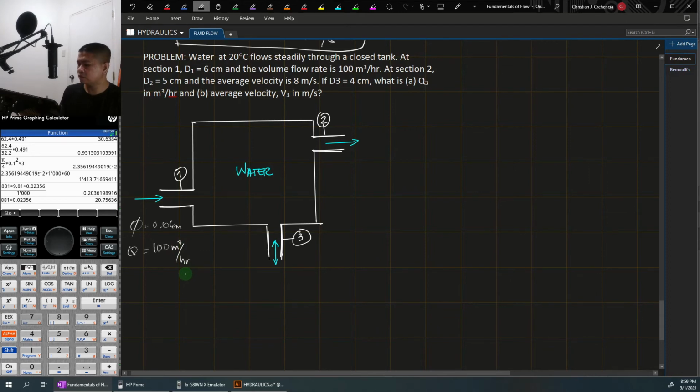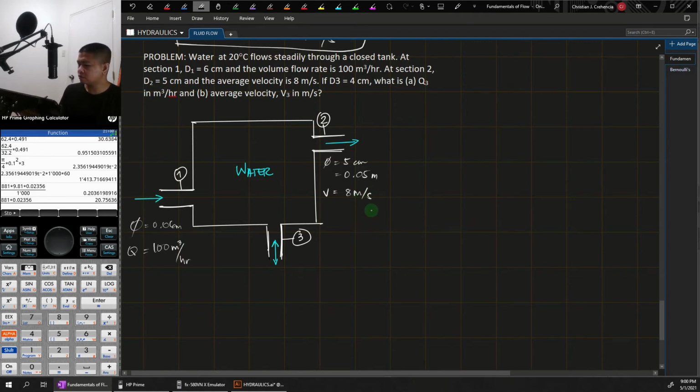Okay. So at section 2, diameter is 5 cm or 0.05 meter. Okay. And the average velocity is 8 meter per second. Okay. So velocity naman yung given.